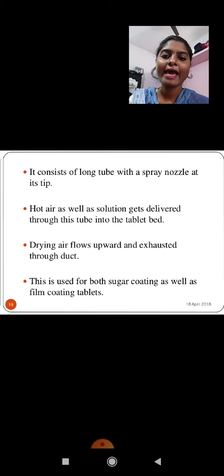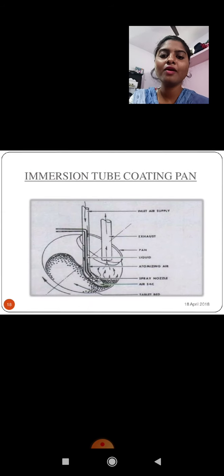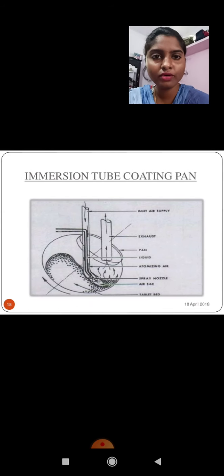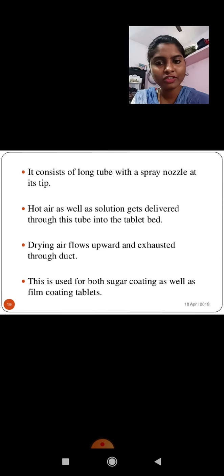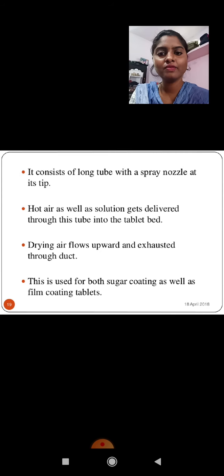The hot air as well as the coating solution which is going to be coated on the tablet comes from this long tube only. Initially we discussed that the use of hot air is to dry the coating solution.